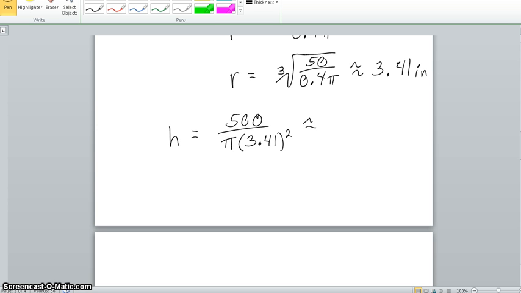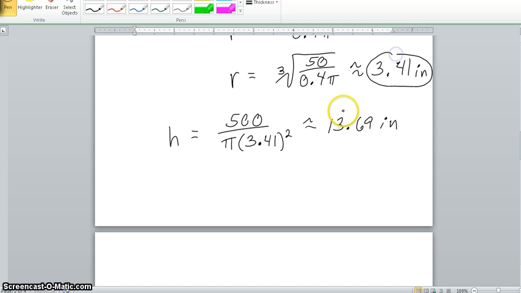Let's see, 3.41 squared times pi, and then I'm going to divide 500 by that. And that should come out to be about 13.69, and again in inches. So there you've got the radius, and there you've got the height.